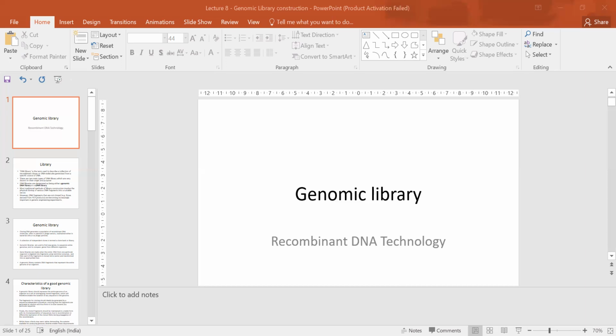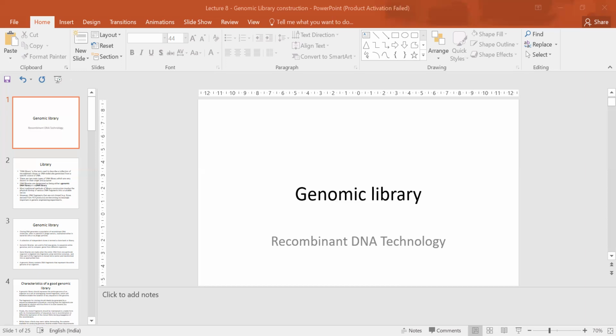Now, although there is certain importance of the genomic DNA library, there are certain limitations. Genomic DNA libraries may include a large amount of non-coding DNA as well, making it more challenging to isolate the specific coding region of interest.